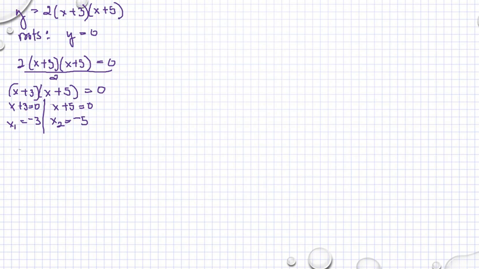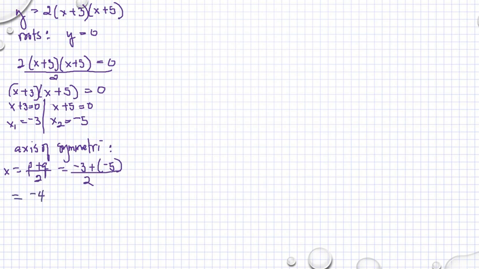Okay, and then the axis of symmetry is always p plus q divided by 2. We have negative 3 plus negative 5 divided by 2. Then we have negative 8 divided by 2 is negative 4. So our axis of symmetry is negative 4.